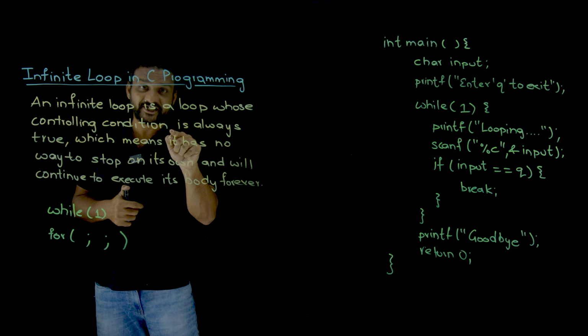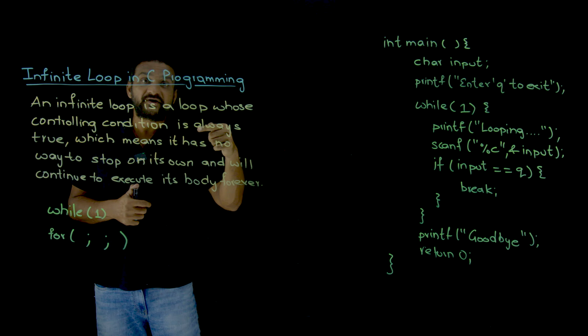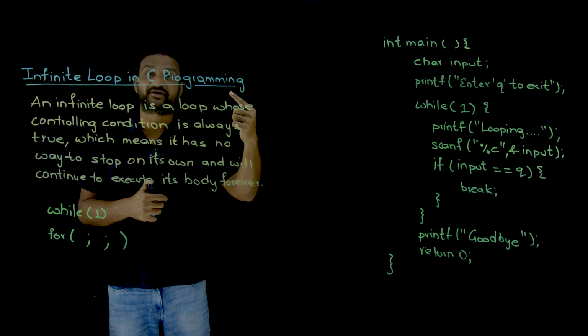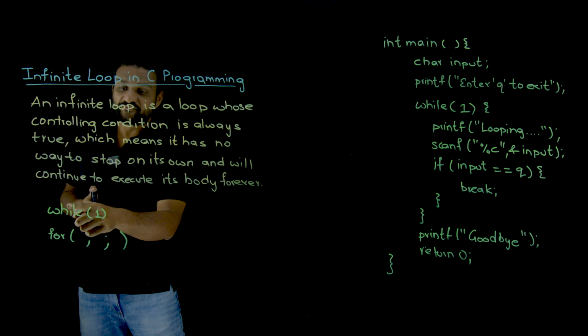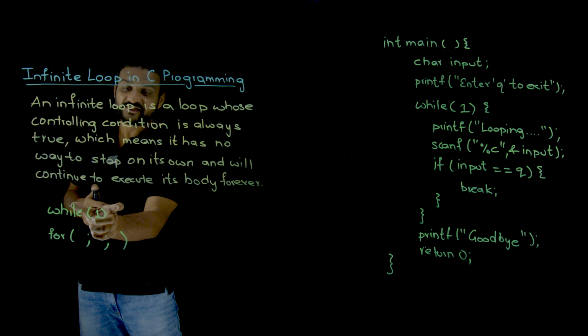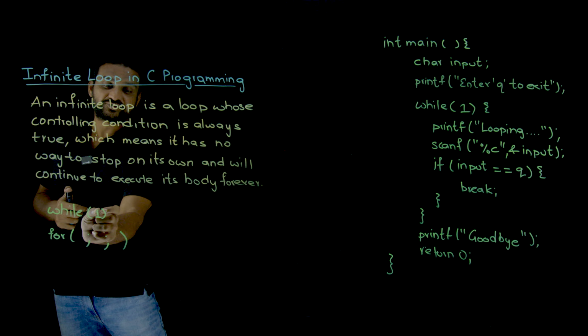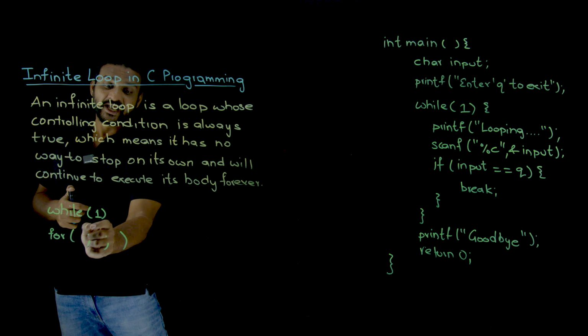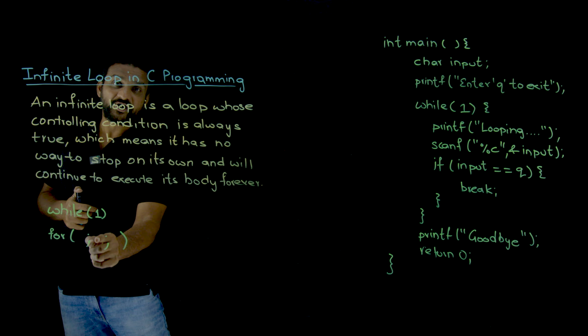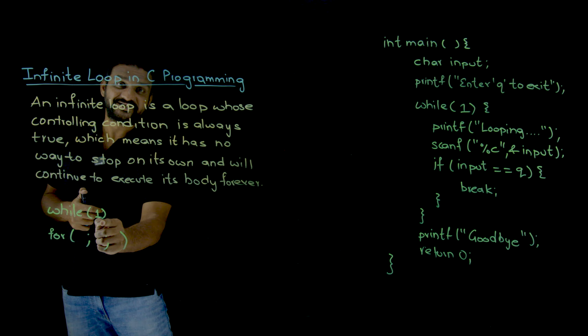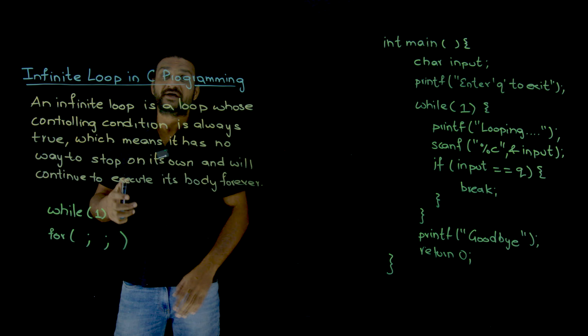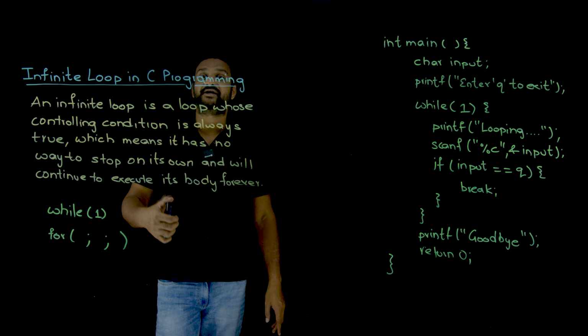If the conditional statement happens to be true forever, an infinite loop will get created. We can also use a for loop: if we omit the conditional statement within the for loop, then the for loop will become an infinite loop.